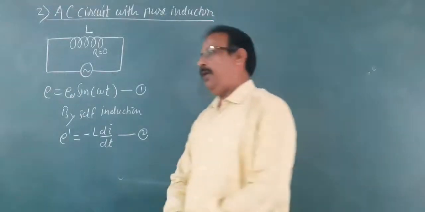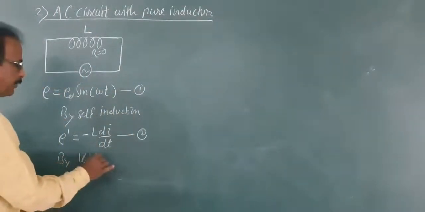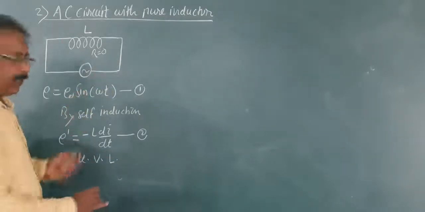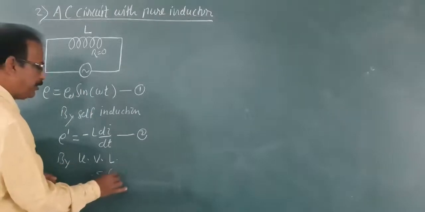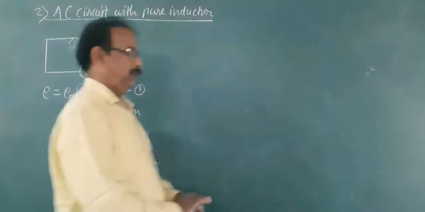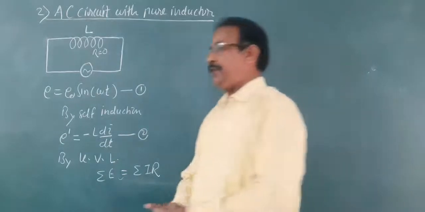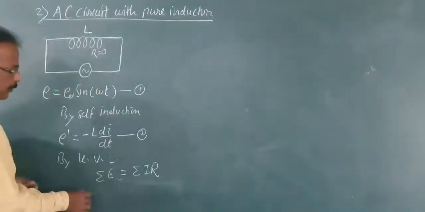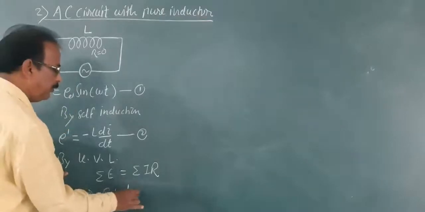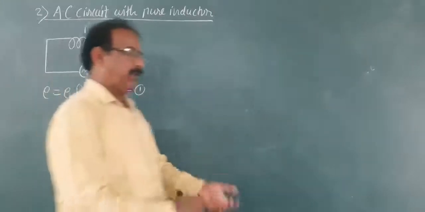Now, by KVL, Kirchhoff's voltage law, apply Kirchhoff's voltage law in this circuit: summation of EMF is equal to summation of I into R. Applied EMF plus induced EMF equals, on this side we take 0, because the resistance in the circuit is 0.